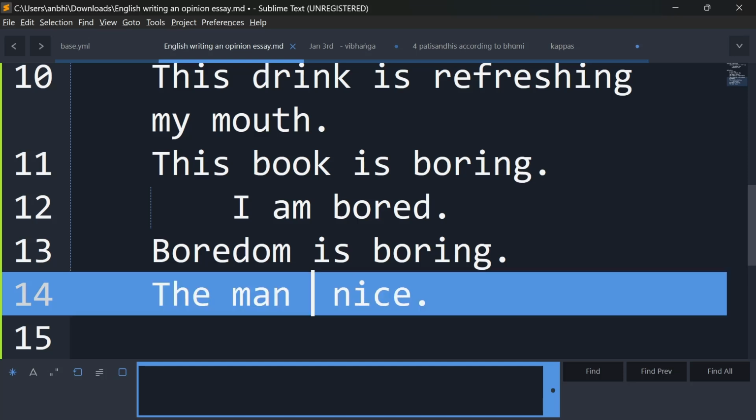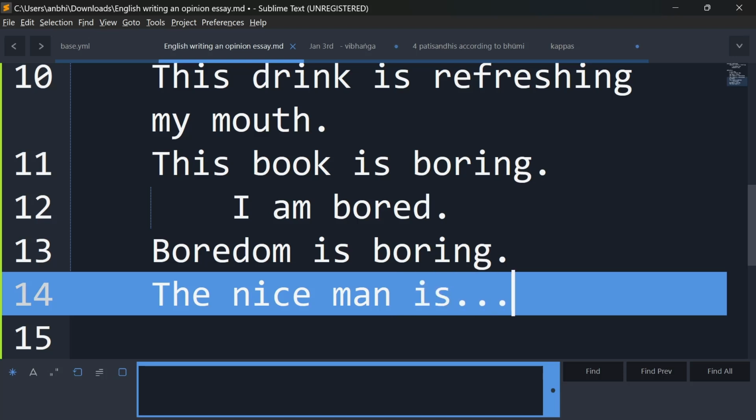The man is nice, or was nice, you need a verb. The man, nice. And if you put nice before man, it's correct, the nice man, but it's an incomplete sentence. It's not a sentence, right? It's just a noun phrase, you see?